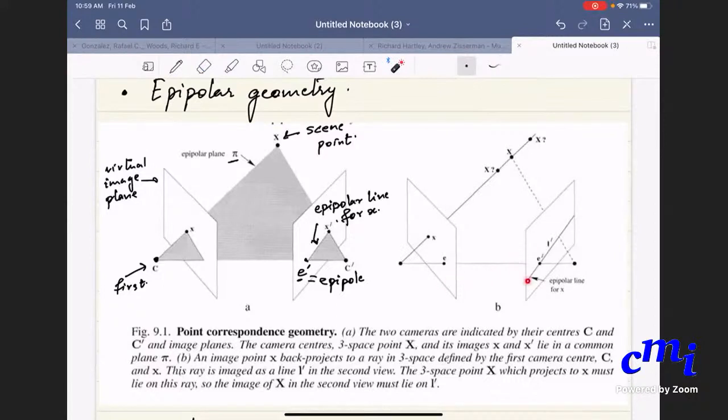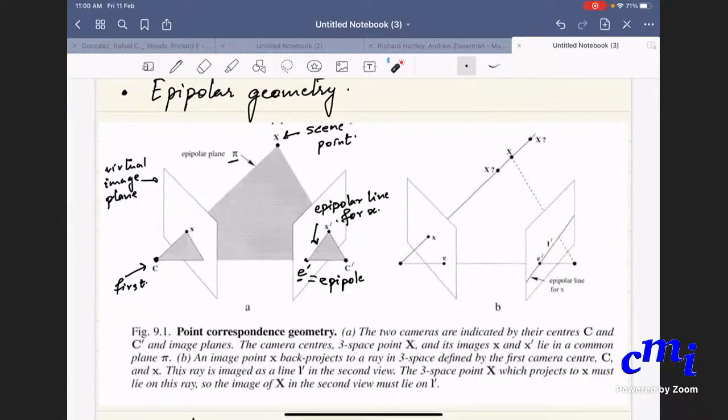And this epipolar line, although we are considering only this segment, which corresponds to points between the camera center and the scene point X, of course this line can go on this way and this way also. So you can call it the epipolar line, although we are hardly ever concerned with these other points. And that line will be denoted by L prime.